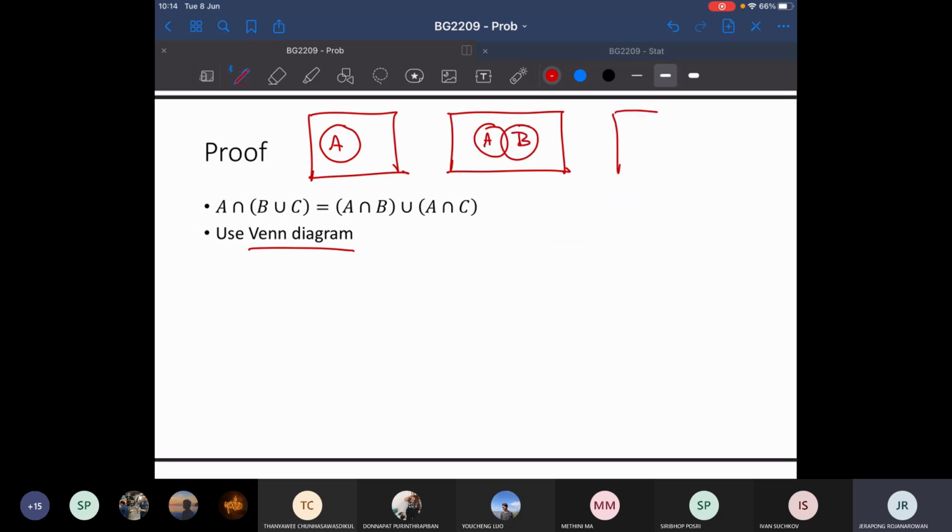If you have three sets, you draw it like this: A, B, C. If you have 4, what's going to happen? How are we going to draw it? Can anyone tell me? Try to imagine it, if there are 4, A, B, C, D, how would we draw it? Try guessing.